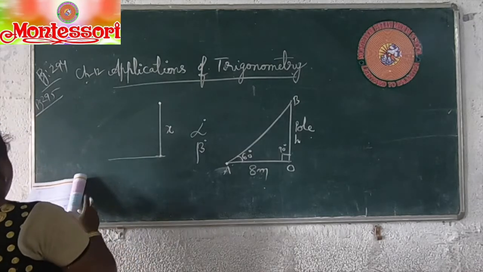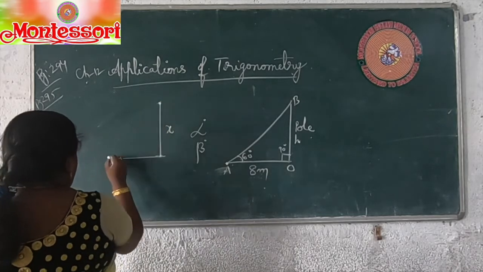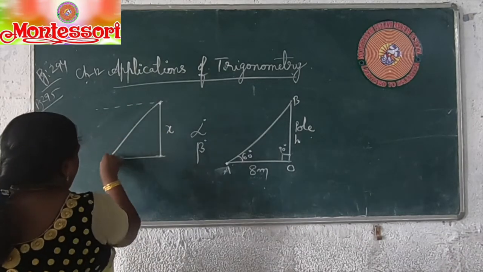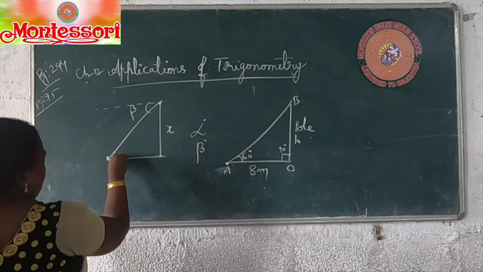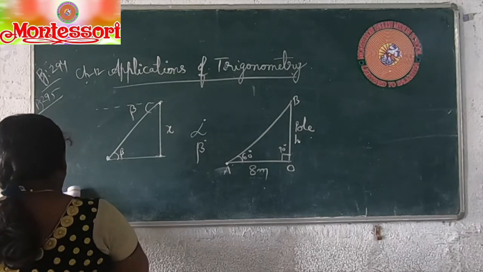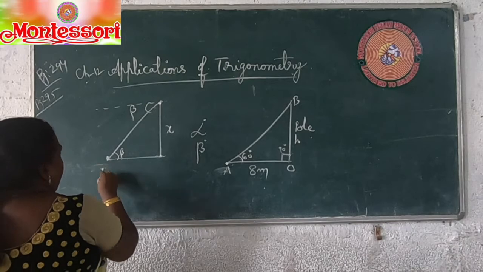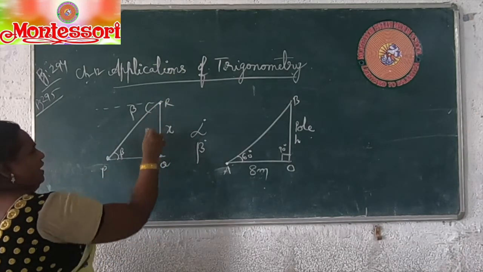Draw the diagram. Depression from here, seeing the flower. If you draw the horizontal line, this is beta, and this is beta, and automatically this also is beta. So this is the angle of depression. Now you can name anything: P, Q, R. What is QR?